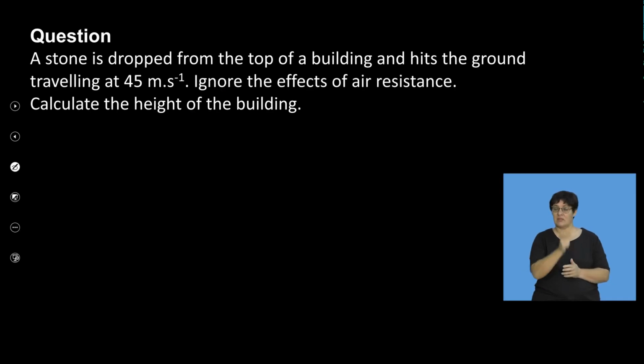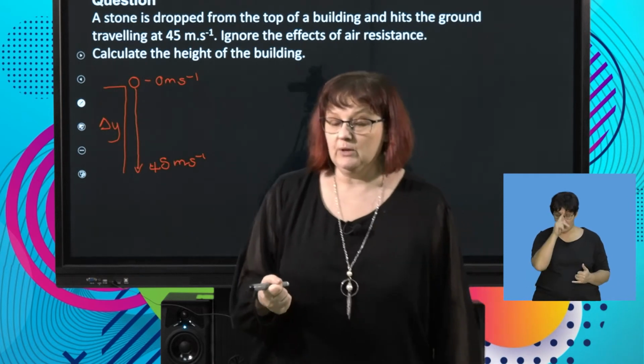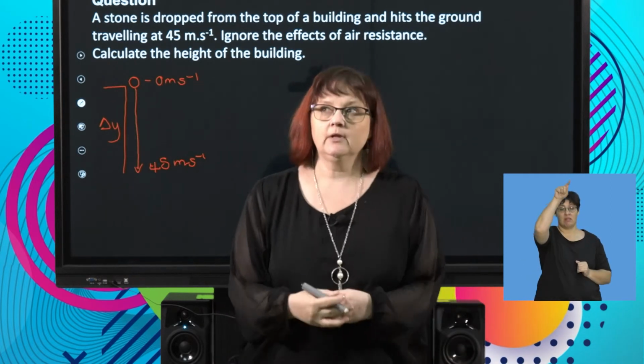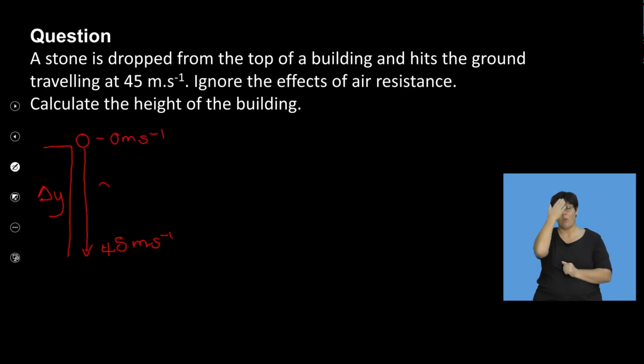They told us we have a stone dropped, so here's my building, there's my stone, initial velocity is 0 meters per second, it hits the ground at 45 meters per second, and that's all the information they give us, and they want delta y. At this point, we need to remember we're working with vertical motion. That means gravity plays a role, and I know that my acceleration is 9.8 meters per second squared.